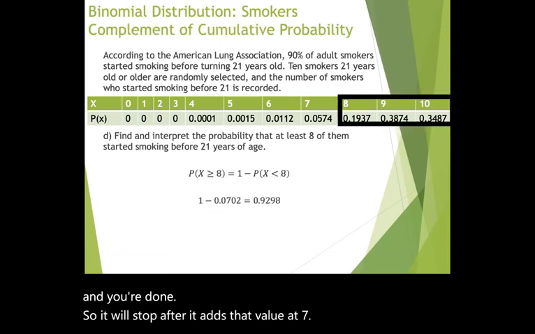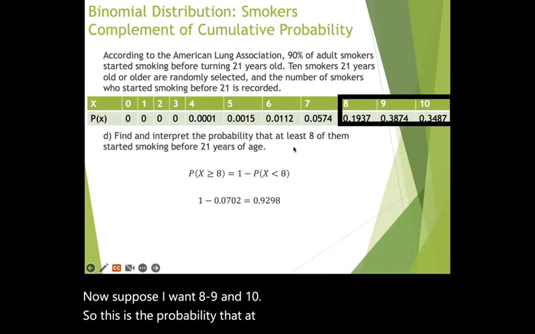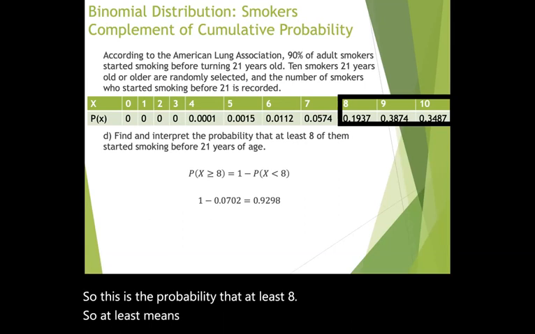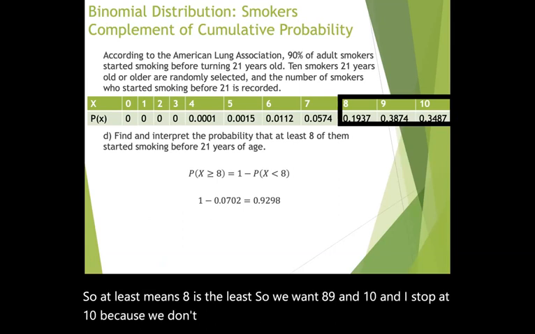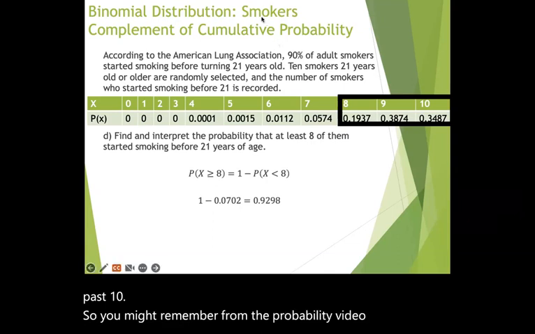Now, suppose I want 8, 9, and 10. So this is the probability that at least 8. So at least means 8 is the least. So we want 8, 9, and 10. And I stop at 10 because we don't have more than 10 smokers, so we can't go past 10. So you might remember from the probability video, the complement rule.